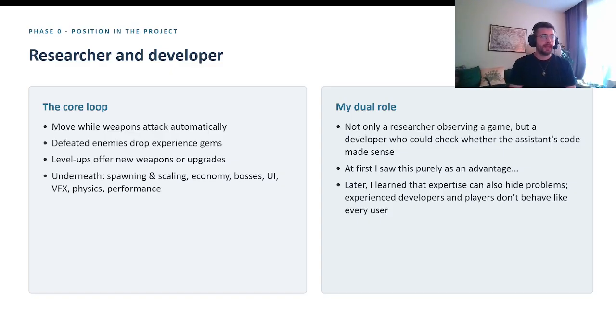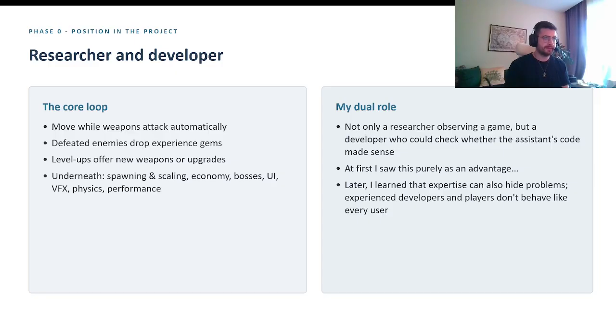the game. My role was not only to observe the game but also to check whether the AI assistance code made sense. The project required making these changes using an AI agent, but I needed to understand and evaluate it.